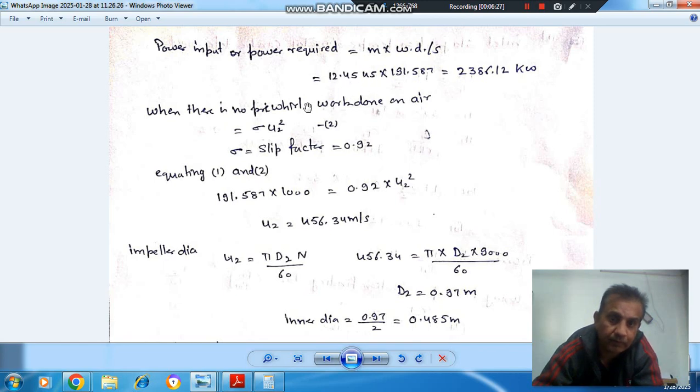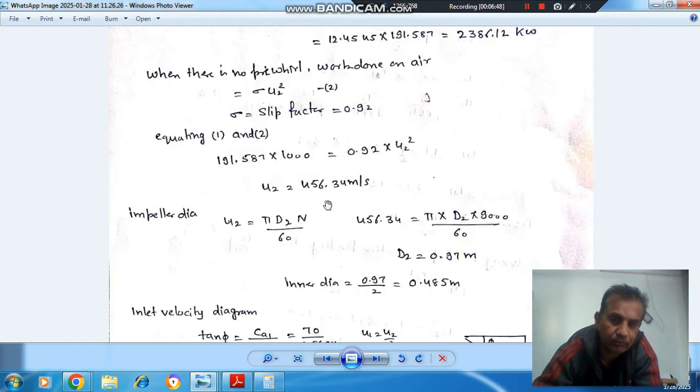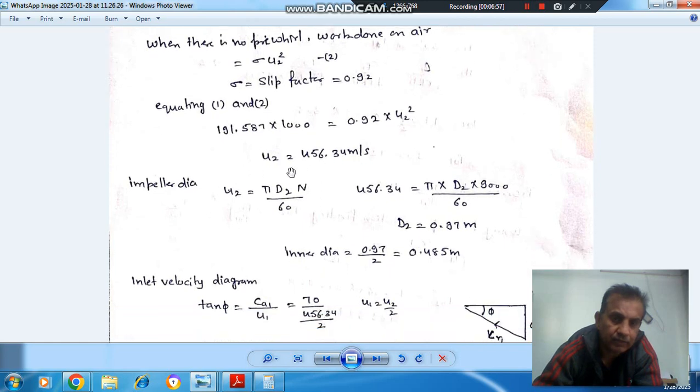In terms of velocity, the work done is given by sigma u2 square, where u2 is your outlet blade velocity and sigma is your slip factor, given as 0.92. Equating the work done and sigma u2 square, we can find out u2. So u2 comes out as 456.34 meter per second. That is your blade velocity.